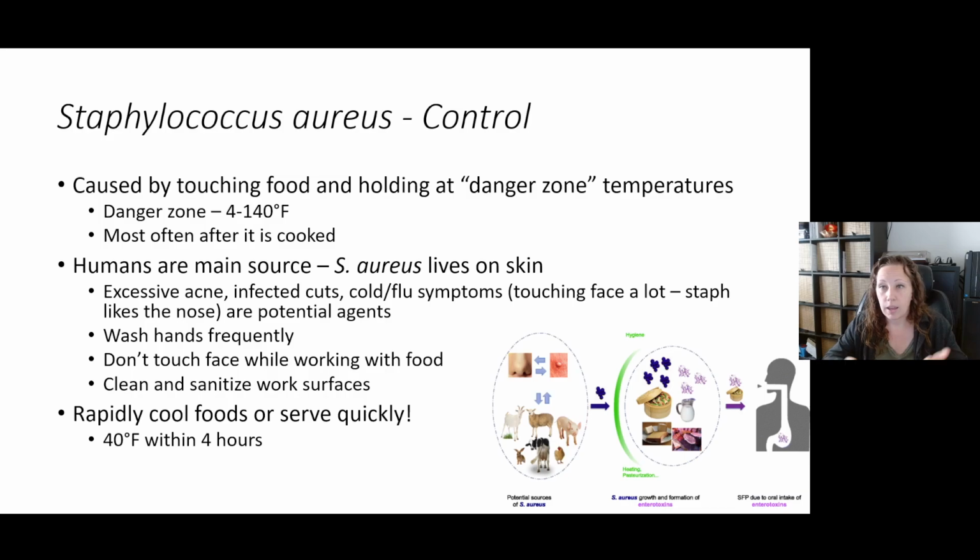Yes, it's been cooked, but if you leave it in your car between 40 and 140 degrees Fahrenheit for several hours before you can get home, and anybody has touched that food between the time it was cooked and the time you put it in your car, then you are running the risk of Staph aureus poisoning.